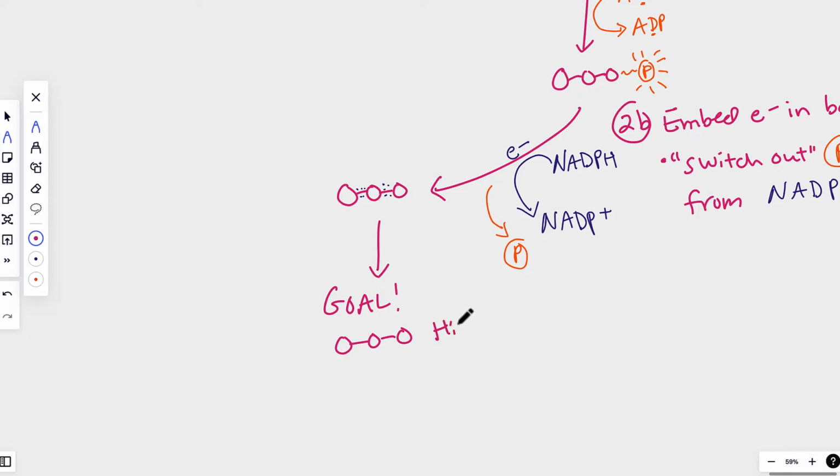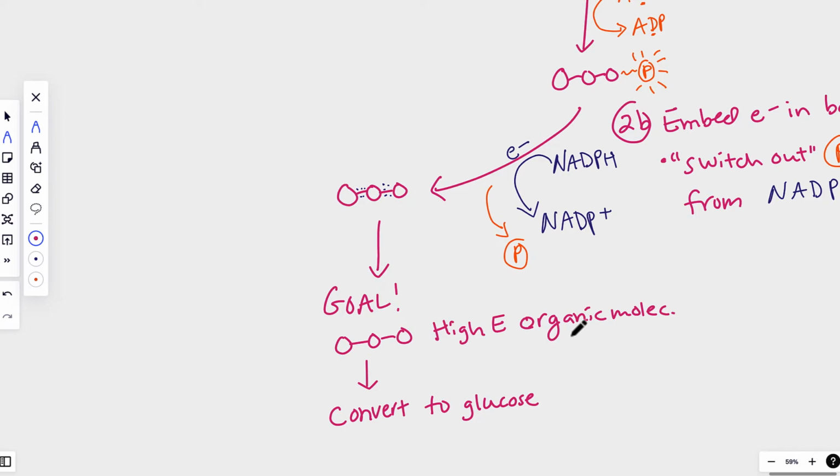It's a high energy carbon compound or organic molecule. And that organic molecule can be converted to glucose first, and then that can be converted to other carbohydrates, which can be used to help make parts of proteins and lipids and nucleic acids and all that stuff.